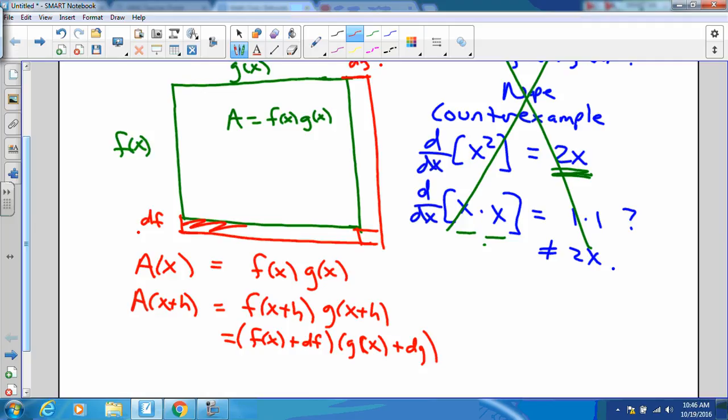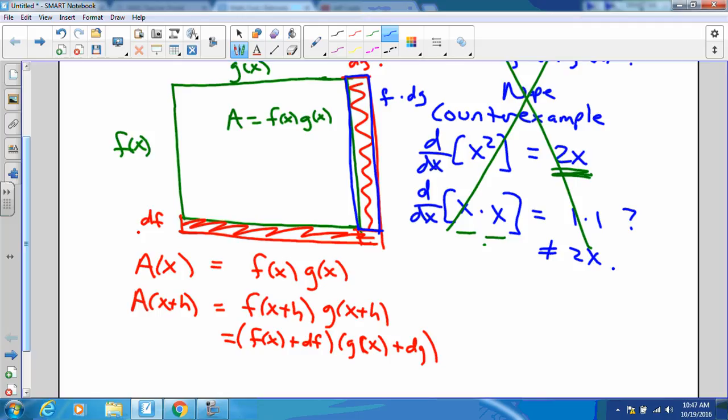All right? Well, we can find the new area, the extra added area, either from geometry or from algebra. If I find it from geometry, then I observe that the extra area that I added has three different components to it. It has this rectangle right here, whose length is f and width dg.